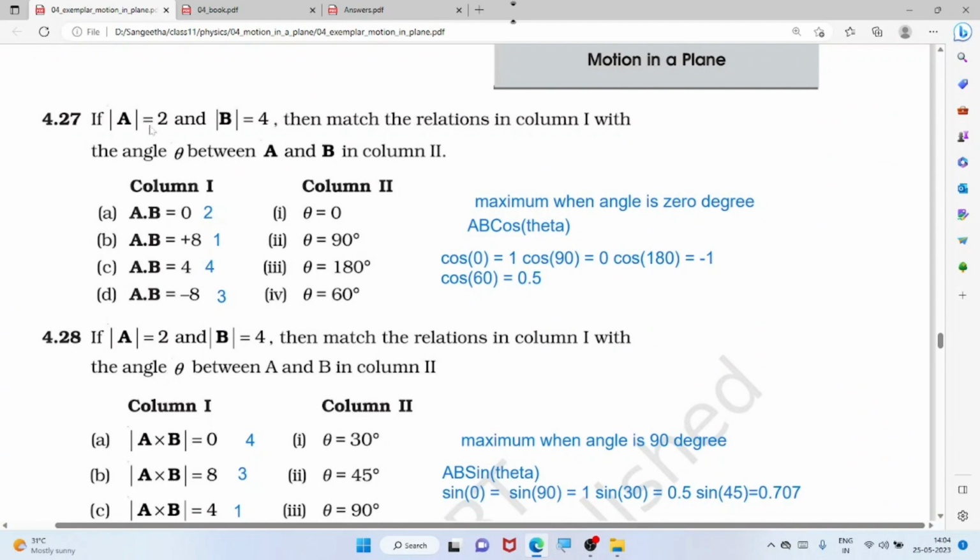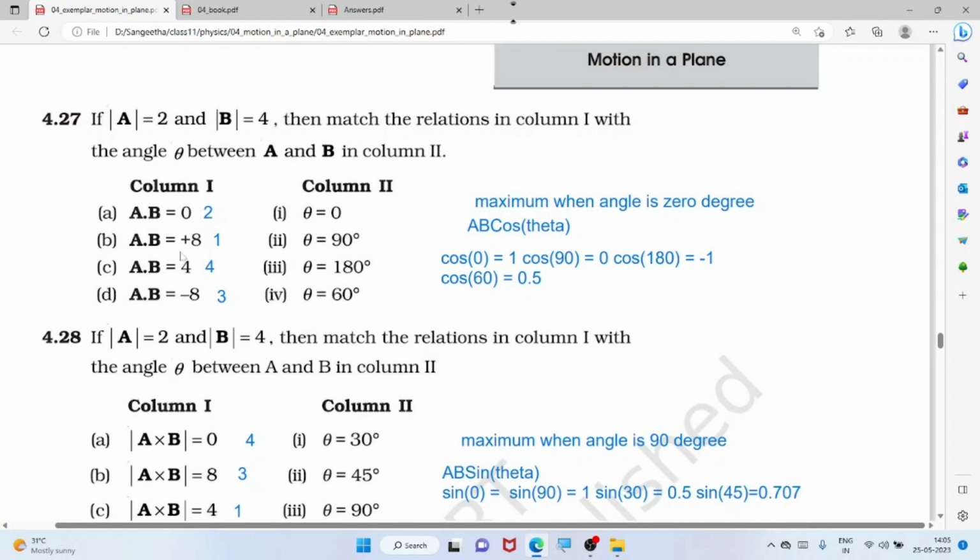The magnitude of A and B is given. Then match the resultant column. A dot B equal to 0. The dot product is AB cos theta, and this will be 0 when theta is 90 degrees.